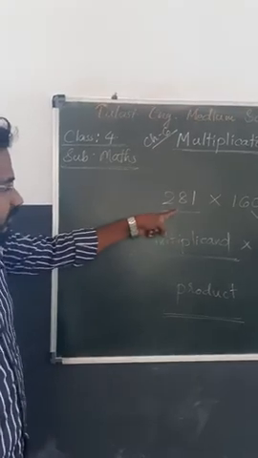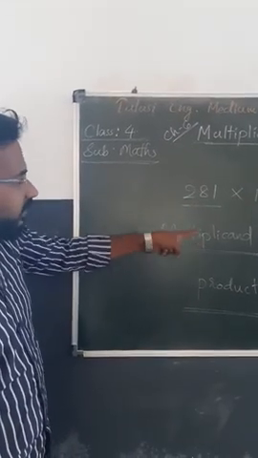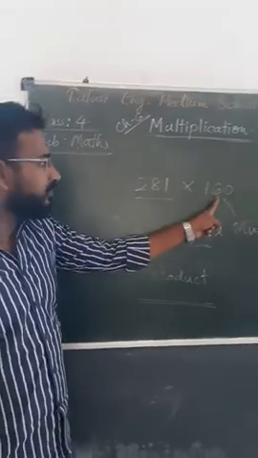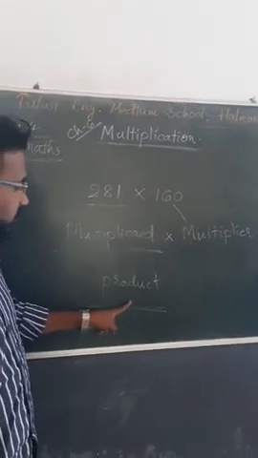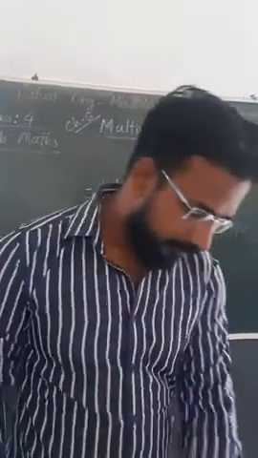The first number to be multiplied is called the multiplicand. The number by which we multiply that number is called the multiplier. The result is the product.